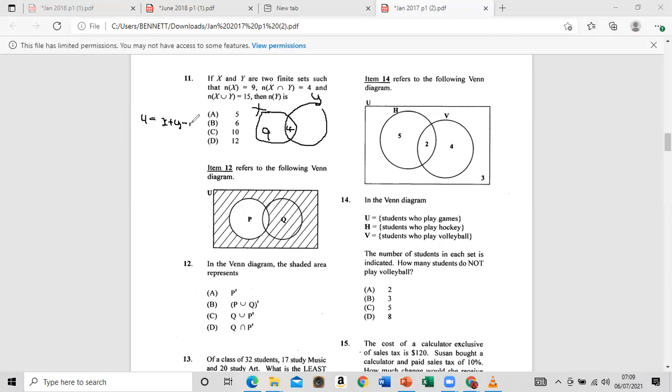So what we know is that the union is 15. So we just equate it to 15. Then the number in X will be 9 plus, we don't know our Y, so we put Y, minus the 4, right? And then we transpose. So it will be 15 minus 9 as the inverse, now plus the 4.